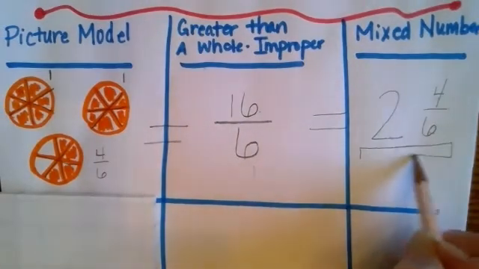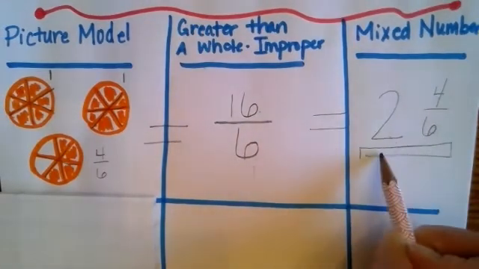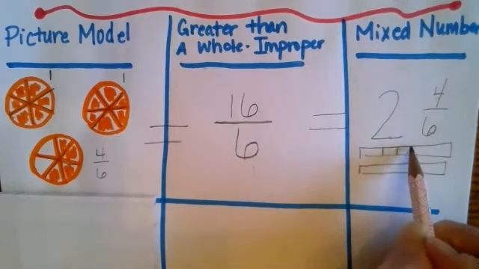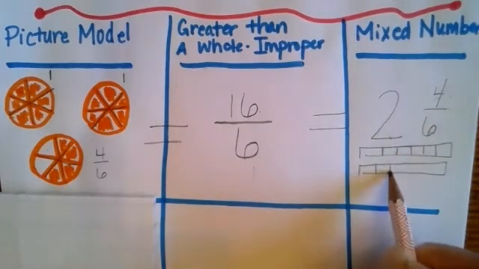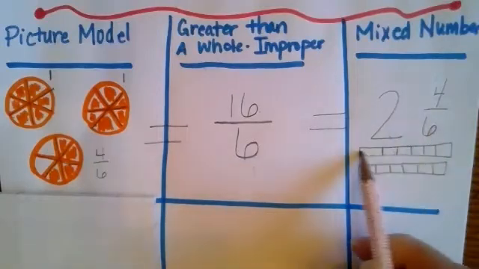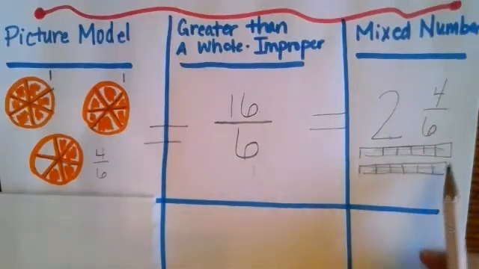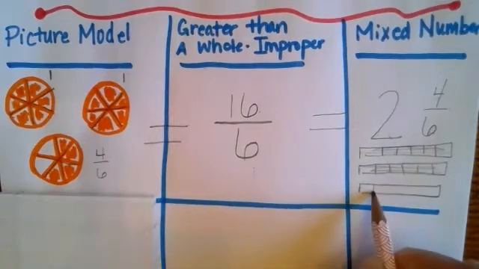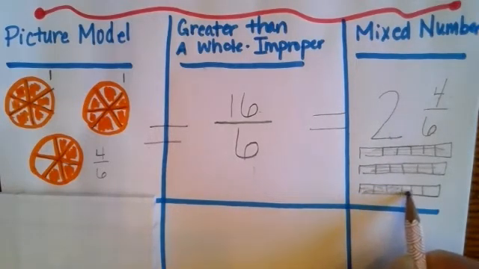We know one strategy would be, and a lot of you like to do candy bars, to draw your candy bars. You would need 2, and you're going to split them into 6ths. We know we ate all 2 candy bars. Then we know we ate 4 out of 6 of another one. 1, 2, 3, 4.